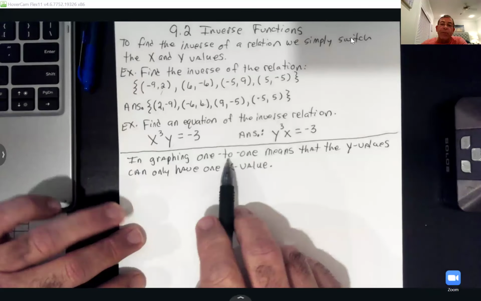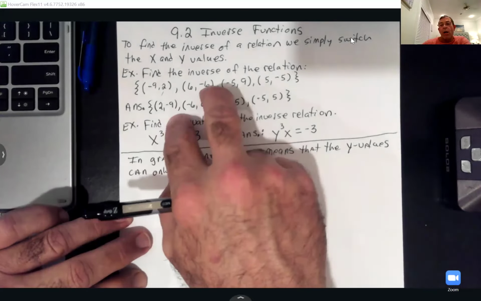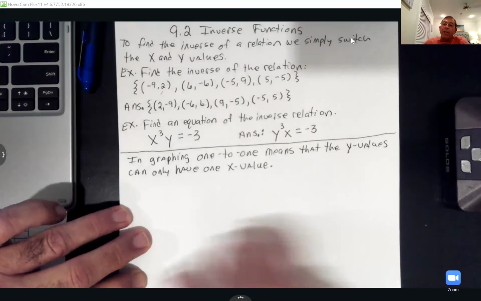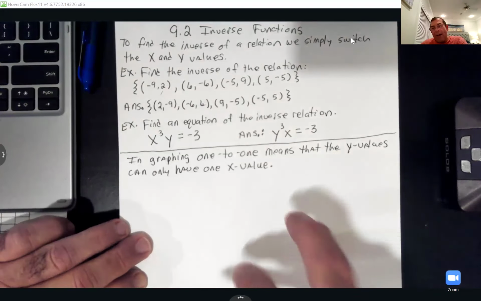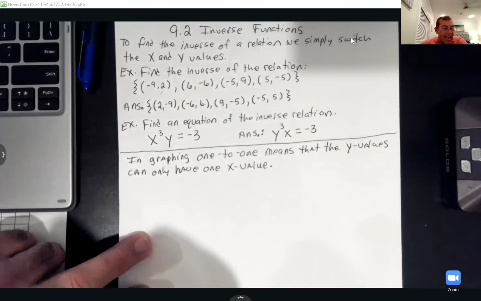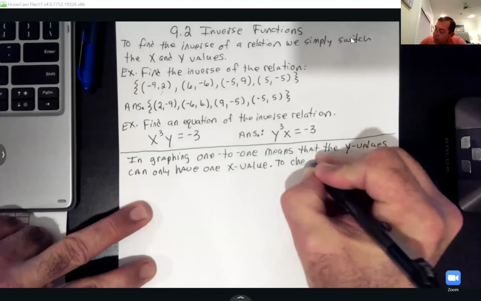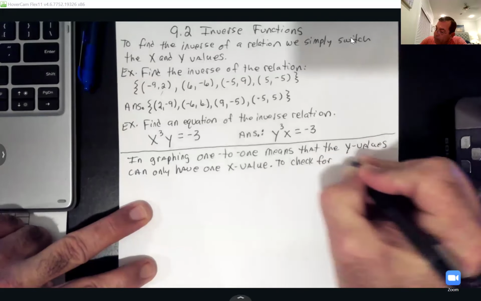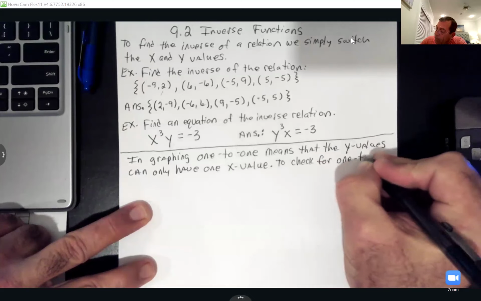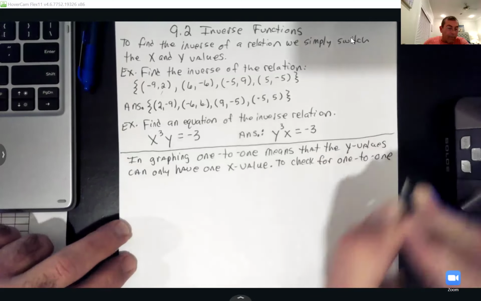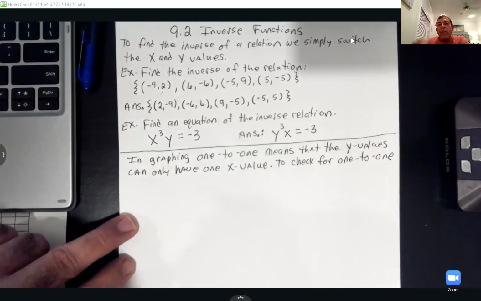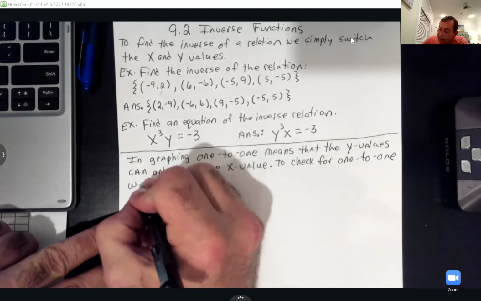Okay, so it's a function because the x's only have one y. Now it's one-to-one because it goes both ways, and the y values can only have one x. So what we do to check for one-to-one, we use the horizontal line test.